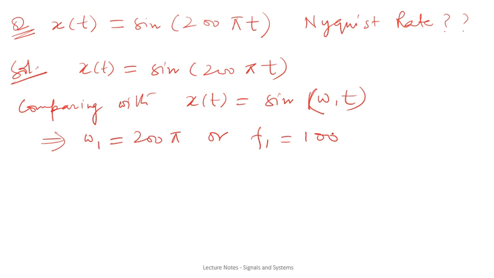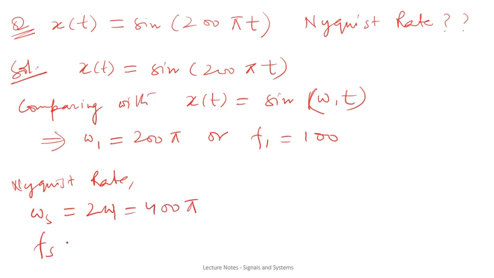Now next, the sampling rate, or rather the Nyquist rate, omega s will be equal to twice omega 1, which is nothing but 400 pi. Or in terms of fs, this will be equal to twice f1, which is equal to 200 hertz. Okay, so this is the Nyquist rate for this problem.